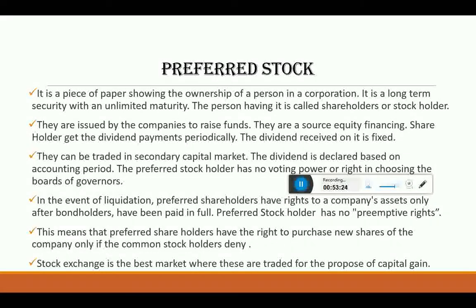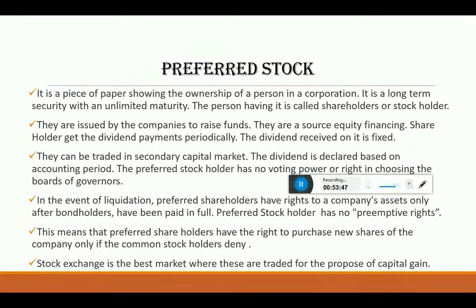So those are the differences between the preferred stock and common stock. Number one, it has a fixed dividend. Number two, they have no voting power and they have no preemptive rights, right? These three are differences between the common stock and preferred stock.